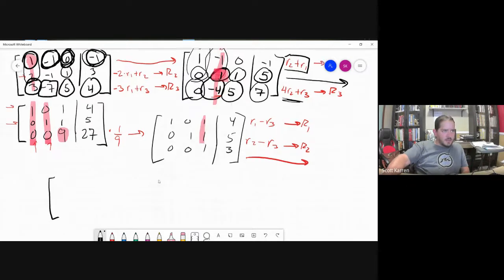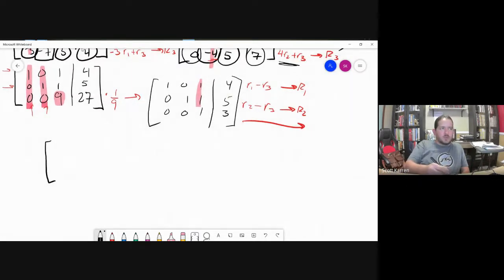So in the end, row 1 minus row 3 is 1 minus 0 is still 1. 0 minus 0 is still 0. And 1 minus 0 is 0. 4 minus 3 is 1. And we can see x equals 1.